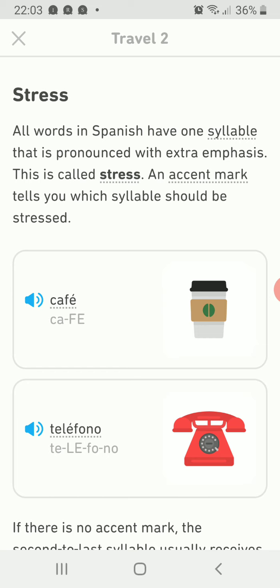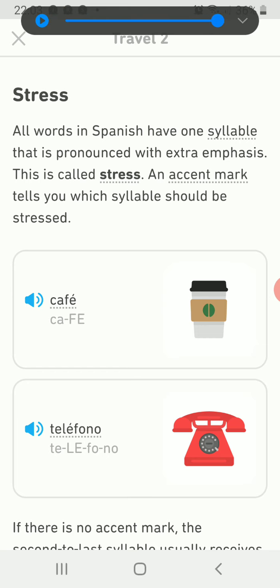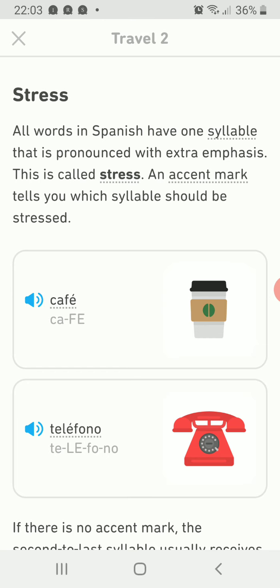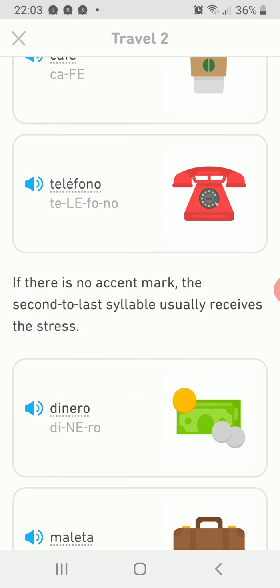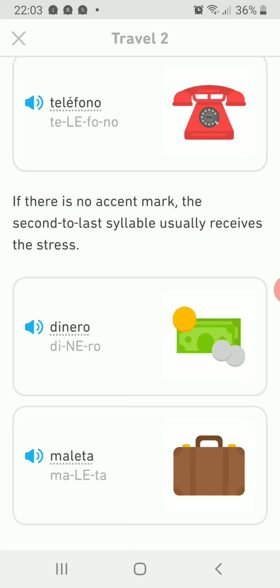Teléfono, so the accent is on le. If there is no accent mark, the second to last syllable usually receives the stress. So dinero, the accent is on ne.